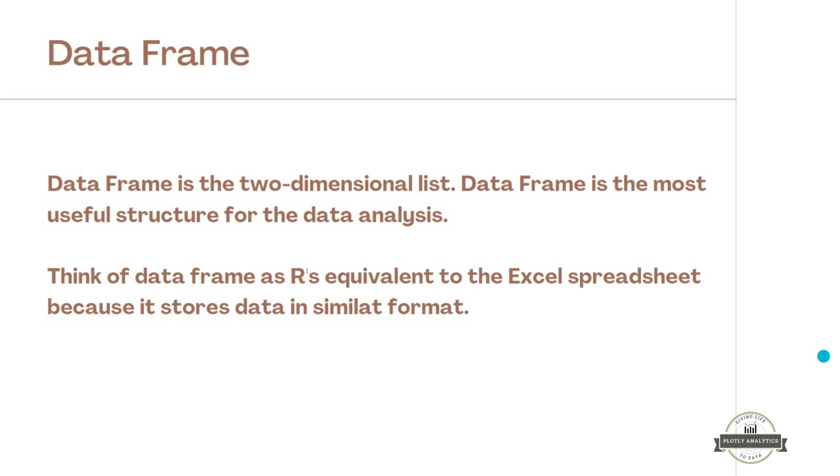So let's now have a look at a special class of list called data frames. You can think of a data frame as R's equivalent to an Excel spreadsheet, because they store the data in a similar format. Data frames are the most useful storage structures for data analysis.